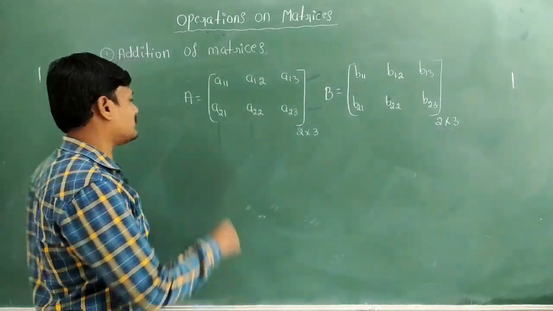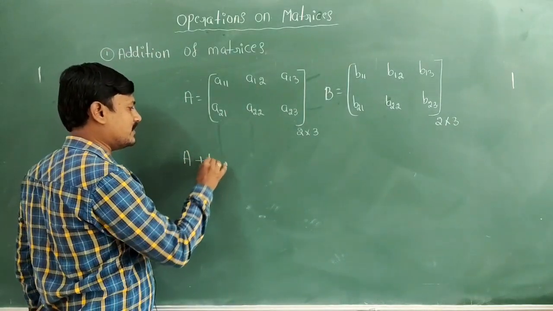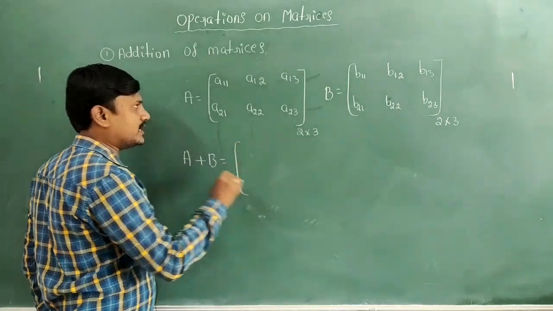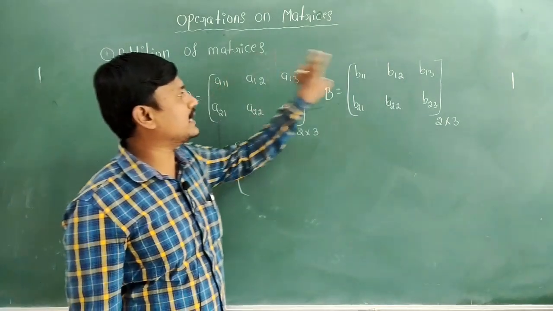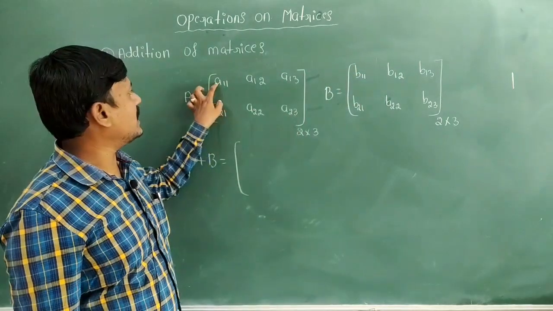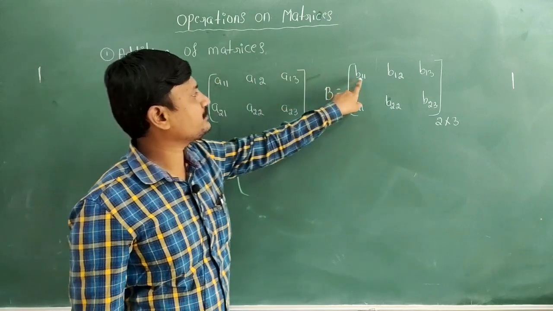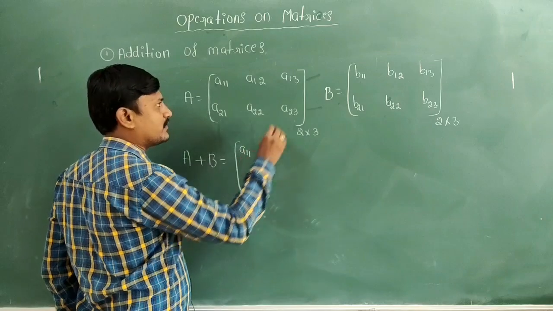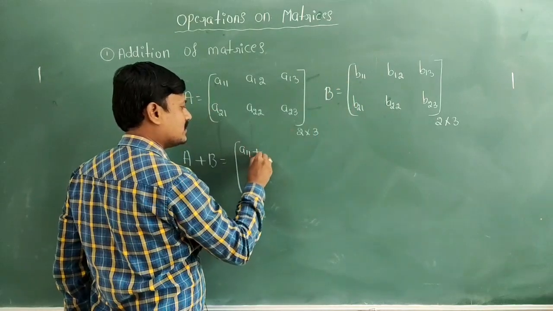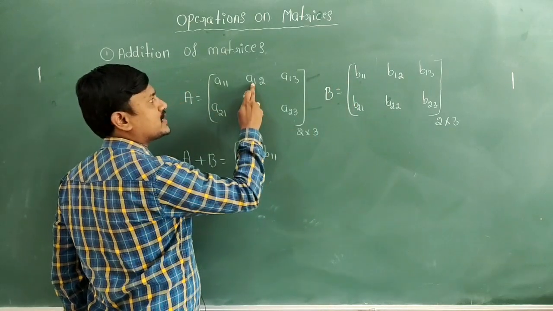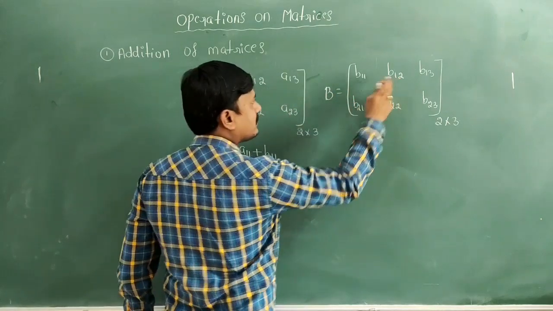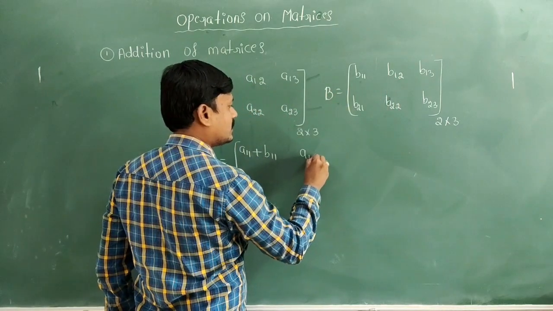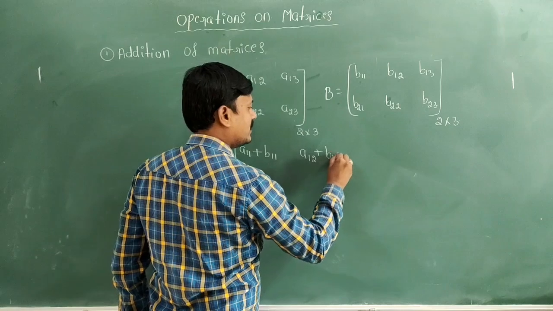Then what is the A plus B value? A plus B means adding corresponding elements. A11 corresponds to B11, therefore A11 plus B11. Next, A12 plus B12.